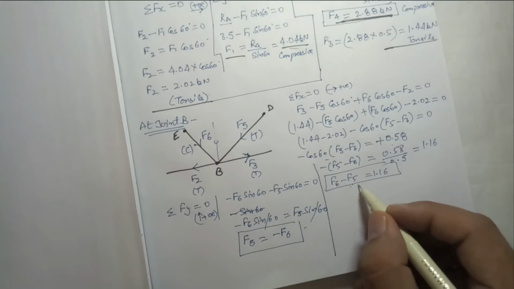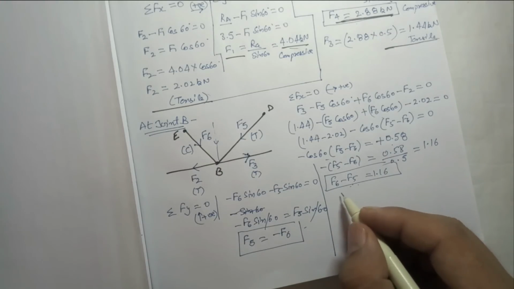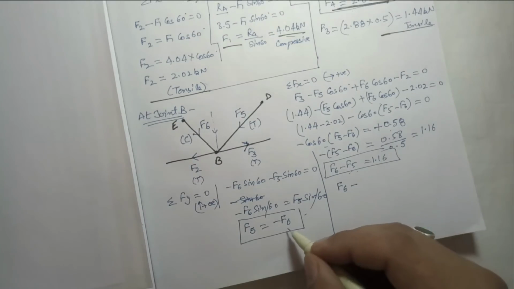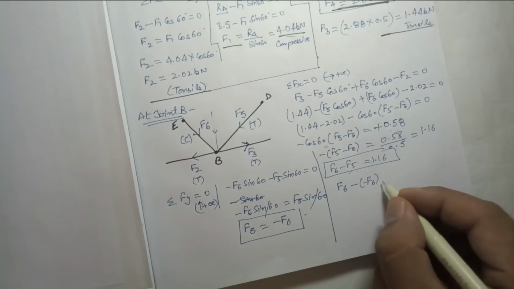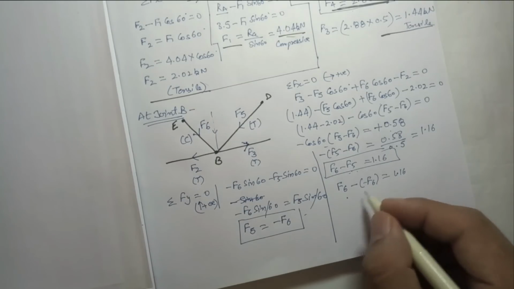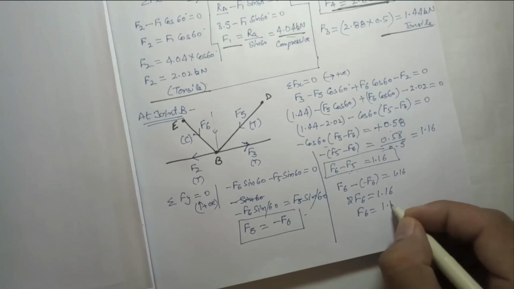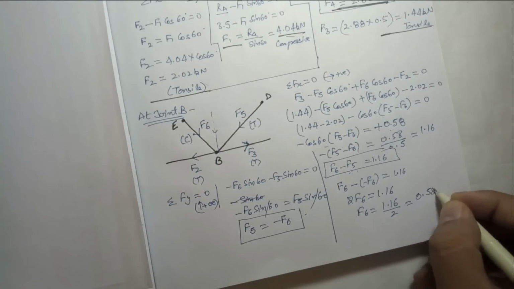F6 minus F5, that is F6 minus (minus F6), equals 1.16, so 2 times F6 equals 1.16, so F6 is equal to 0.58 kilonewton.